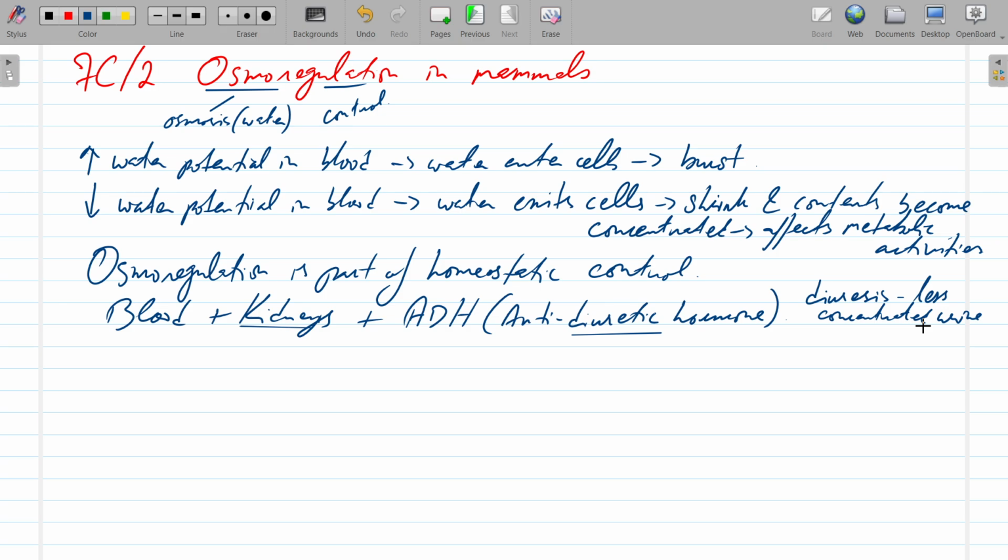So antidiuretic hormone basically means reducing dilute urine. So that's what it means.